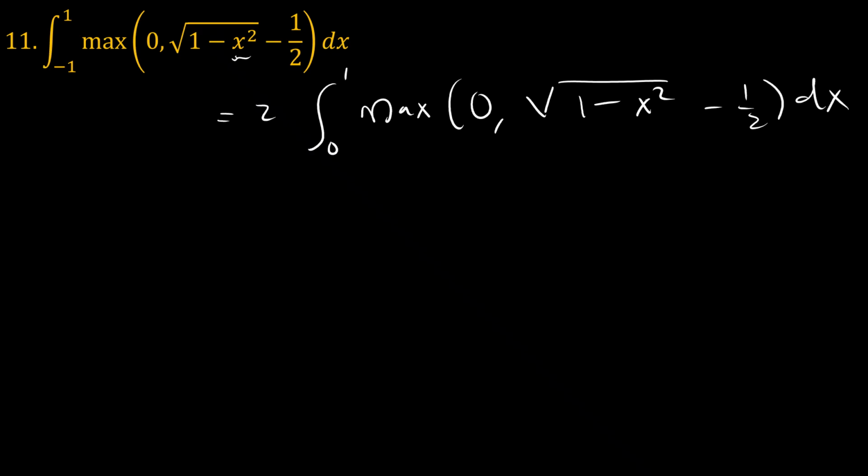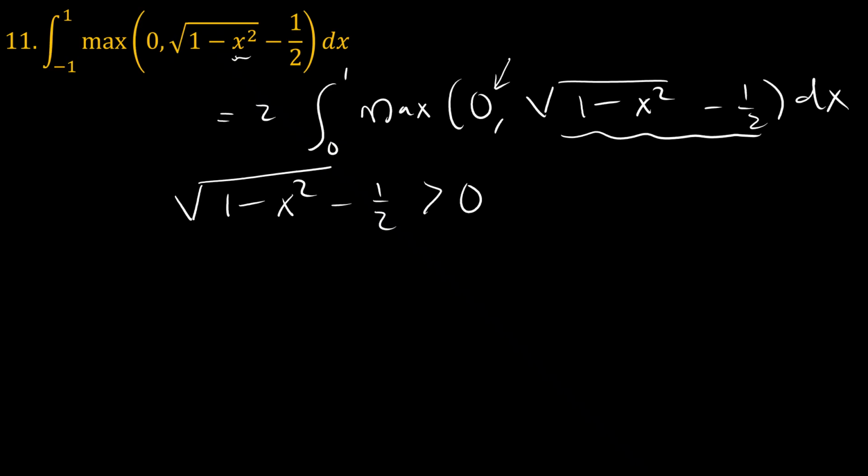So the crucial part here is to know the point for which this value starts being maximum or stops being maximum when compared to 0. So let's say the square root of 1 minus x squared minus a half is greater than 0.